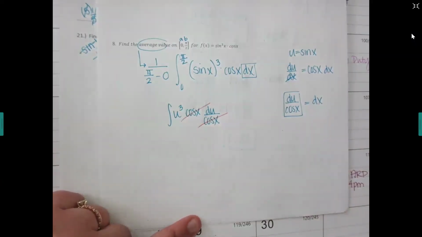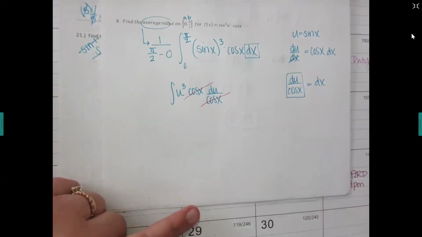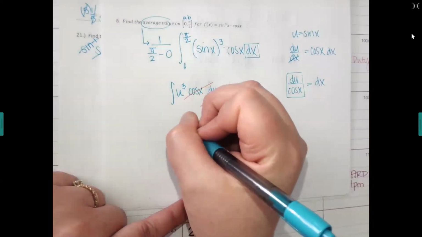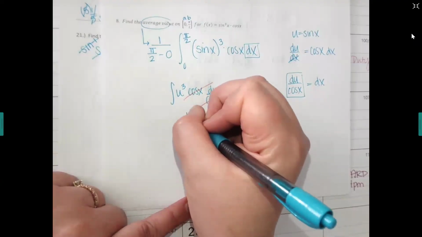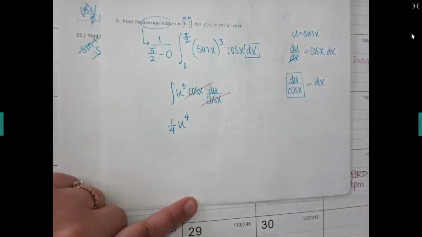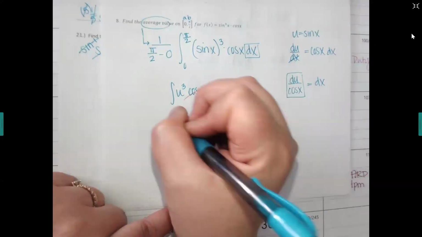What is the antiderivative of u cubed? So u will go to the 4th, and then I'll have to divide by 4. Okay, don't forget, technically there's a plus c.